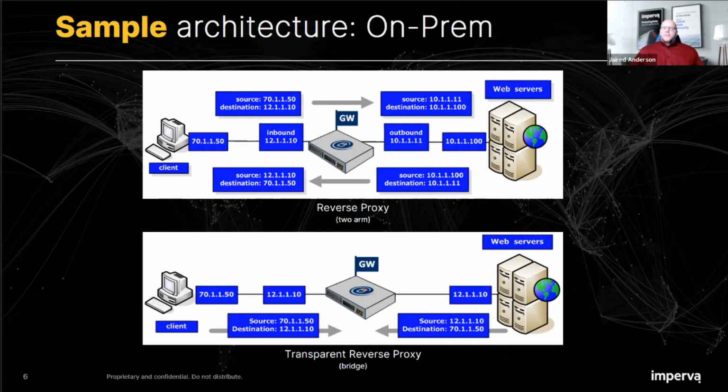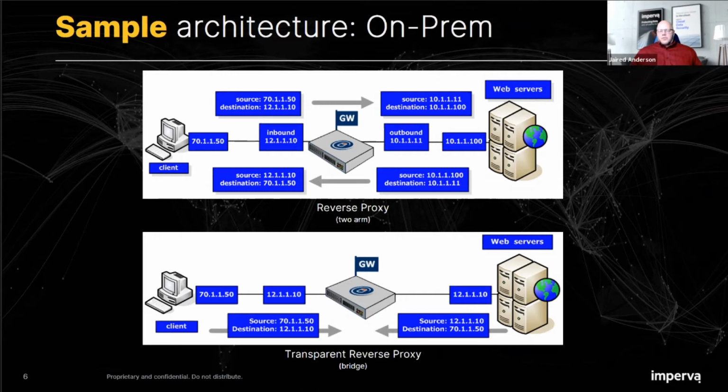Awesome. As of version 14, and I touched on this a little bit 2 slides ago, there is advanced bridge mode. Advanced bridge mode was designed to solve some of the limitations with transparent reverse proxy in bridge mode.